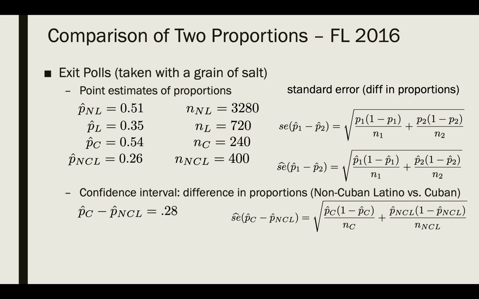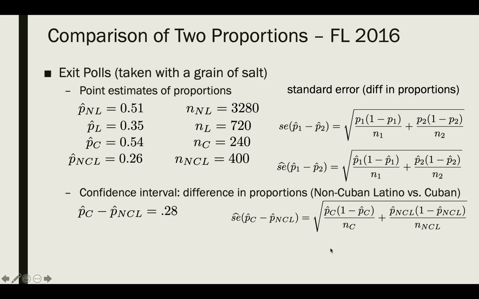And the standard error, now we're just replacing the generic p hat 1 and p hat 2 with, don't be intimidated by all this, right? It's just the estimated standard error of our difference, found as the square root of the individual squared standard errors. Right, so p hat for Cubans times 1 minus p hat for Cubans over the number of Cubans in the sample.